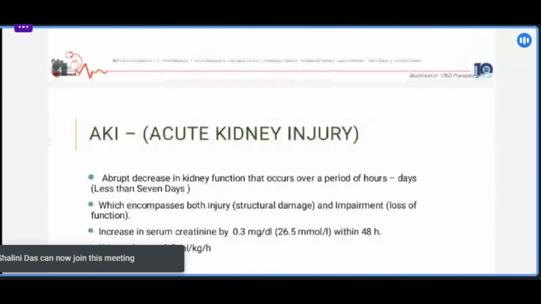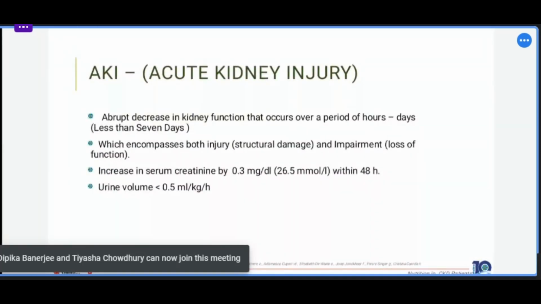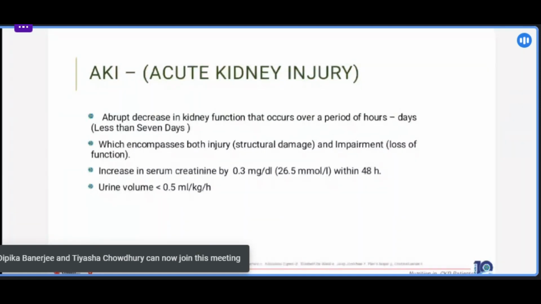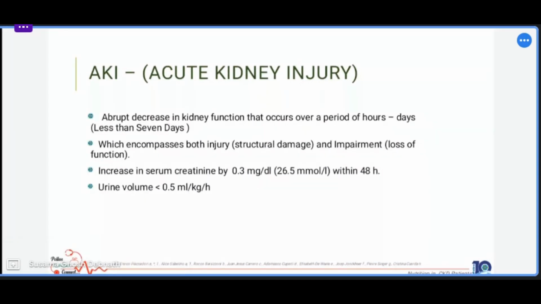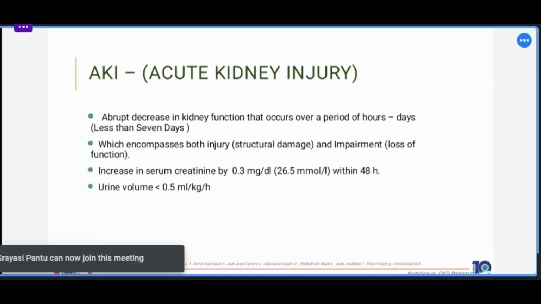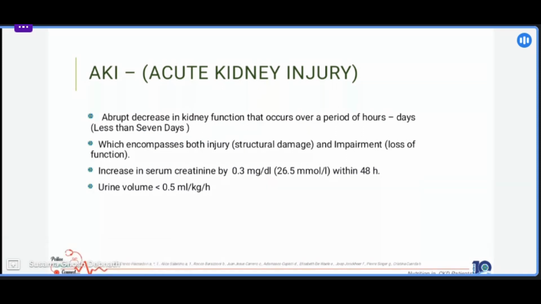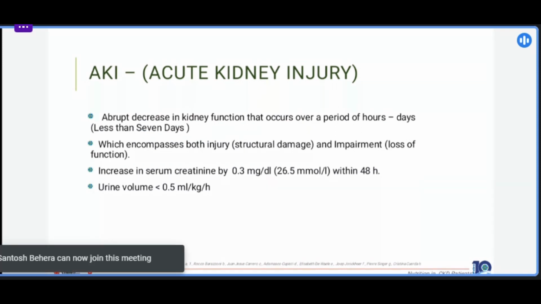So acute kidney injury, as I said, happens abruptly. It is an abrupt decrease in kidney function that occurs over a period of hours, a few hours or less than 7 days. It could be structural damage or some impairment in kidney function.